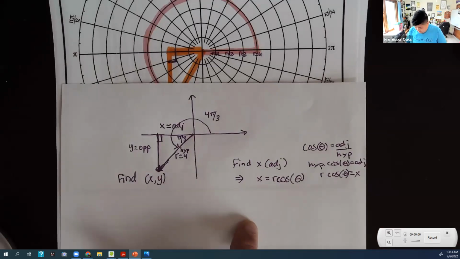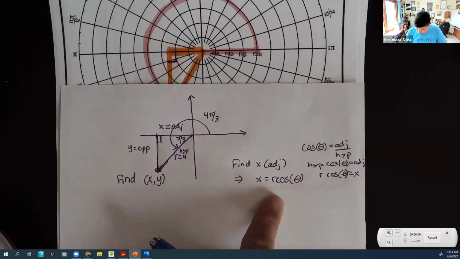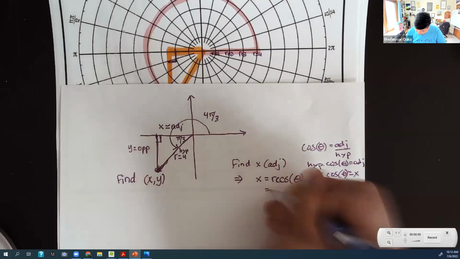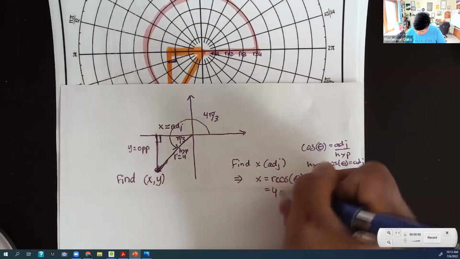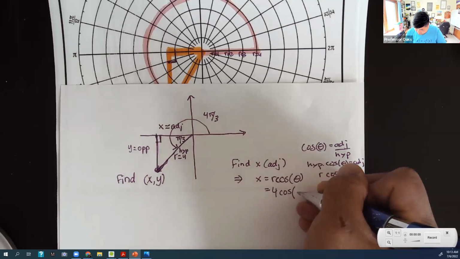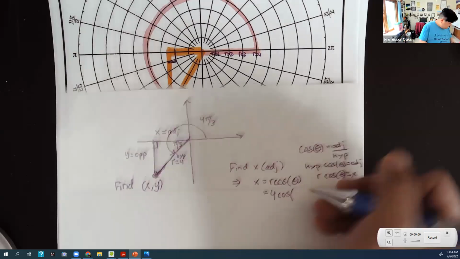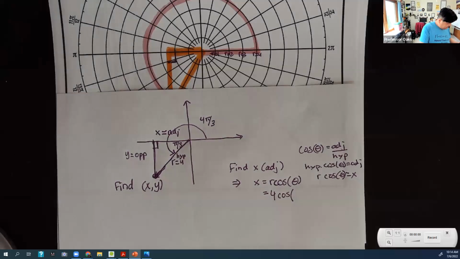So this ends up being R was 4, and then you have cosine of the angle there. Oh, by the way, this is where I wanted to remind you about that other thing. Where did I put it?